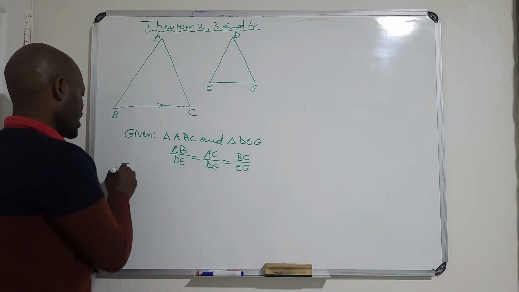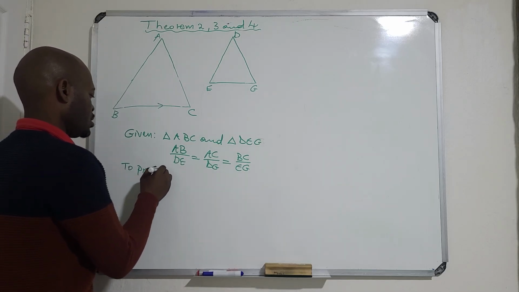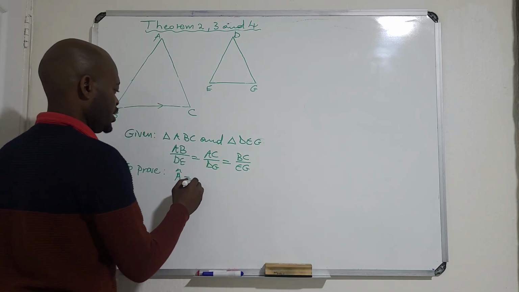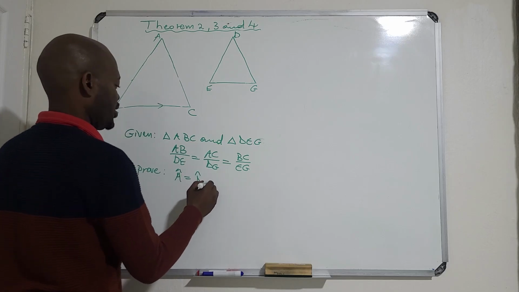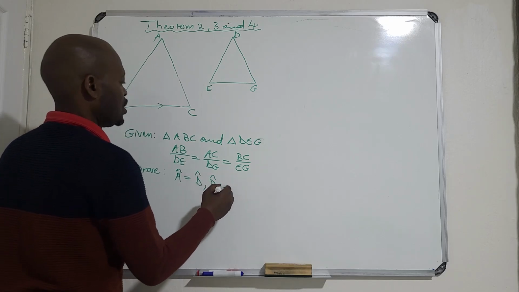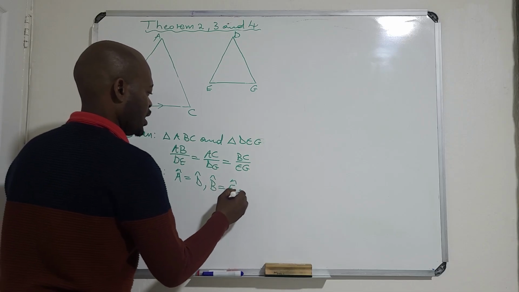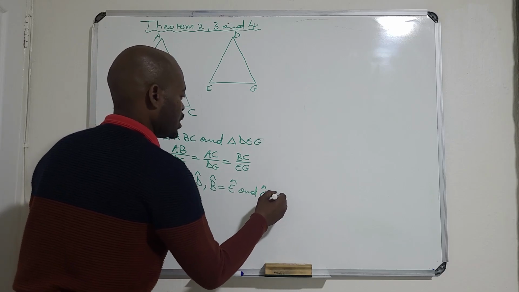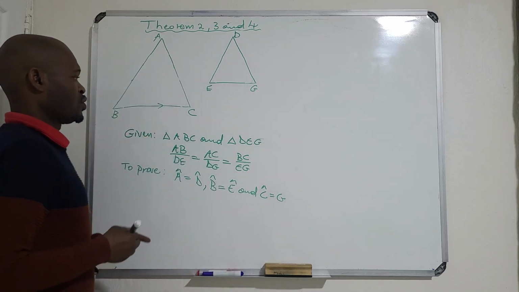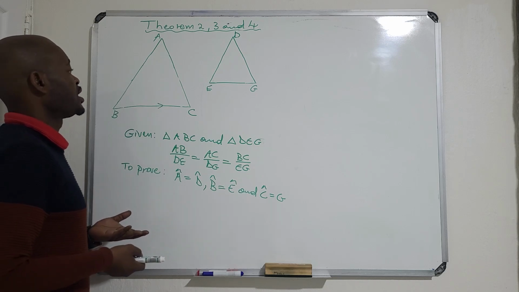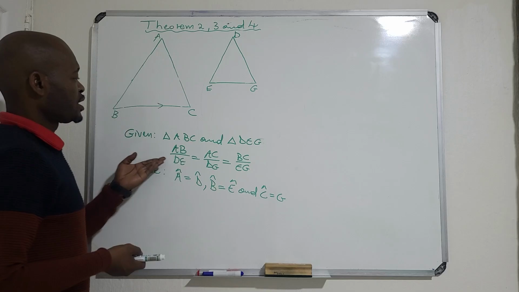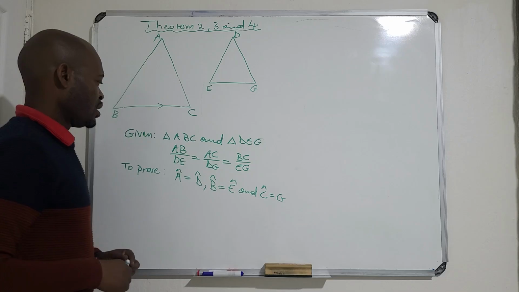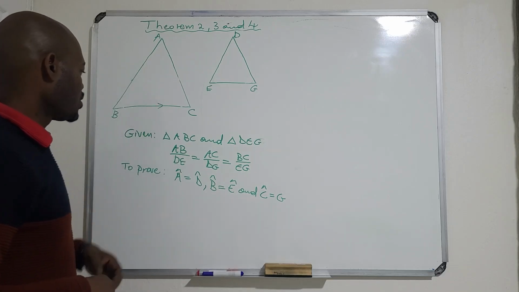So we are required to prove that angle A is equal to angle D, angle B is equal to angle E, and angle C is equal to angle G. Because we've just said that theorem number 3 states that when the corresponding sides are in proportion, then the two are similar, it means that we've got equiangular triangles.